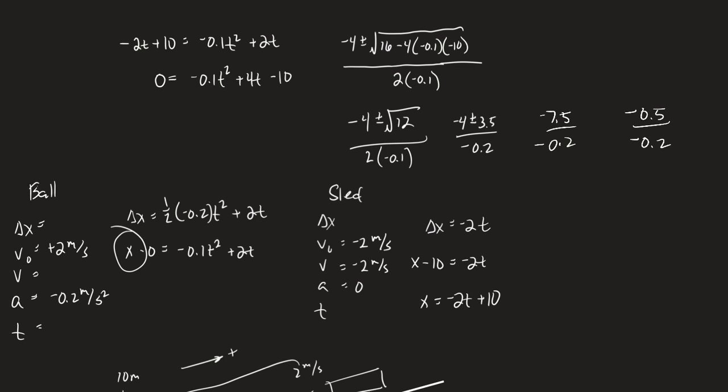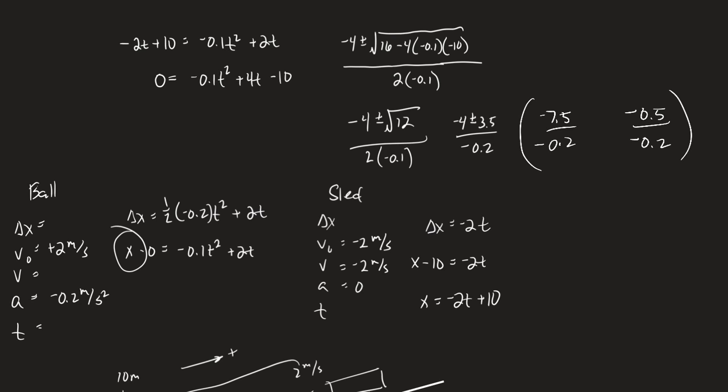Those are my 2 times, and they're both positive. So we pass it once when the sled's going down and the ball's going up, and a second time when the ball's had a chance to stop, turn around, and come back down and meet back up with the sled eventually.